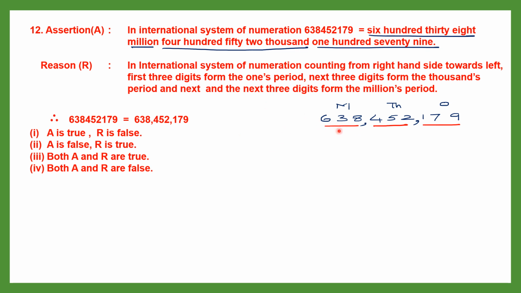That's also true. That means the reason is also correct. So according to this, the assertion matches the reason. Both the statements are true. So which option is that? That is option 3, where both the statements A and R are true.